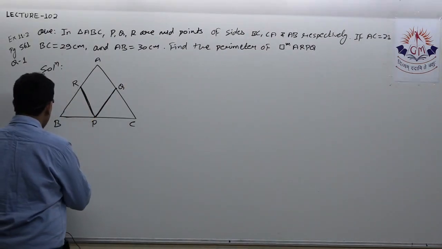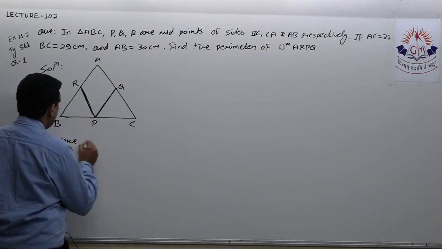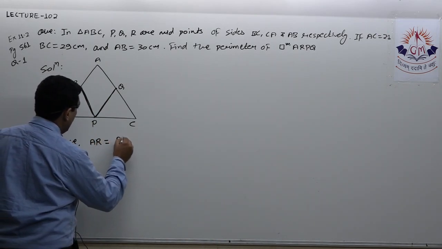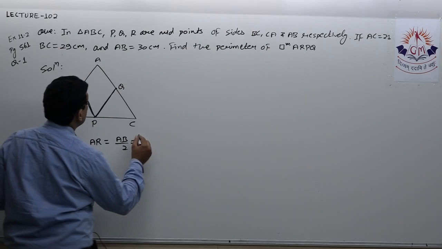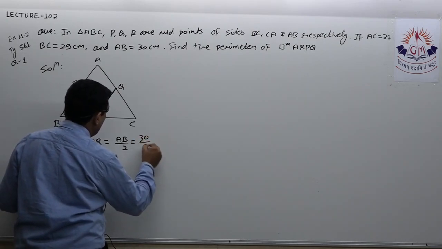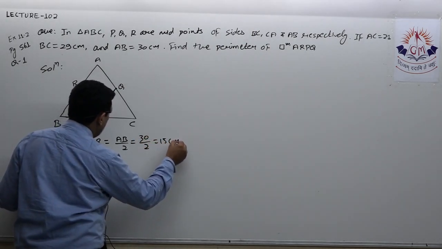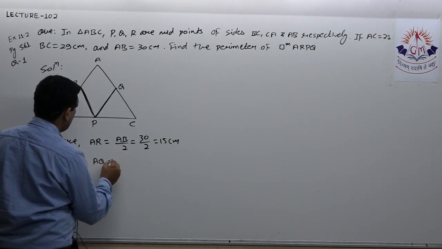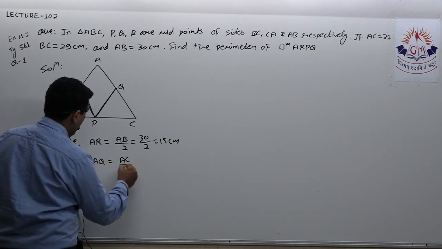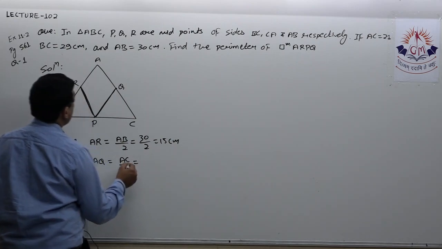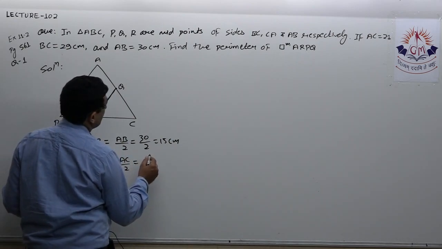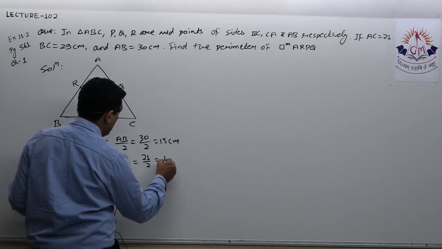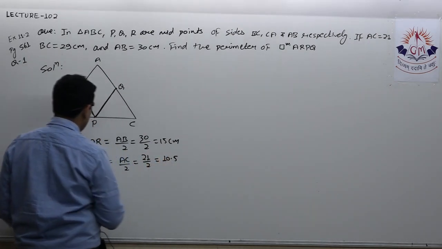So here AR is equal to AB by 2, that is 30 by 2, that is 15 centimeter. AQ is equal to AC by 2, that is AC is 21, so 21 by 2, that is 10.5.